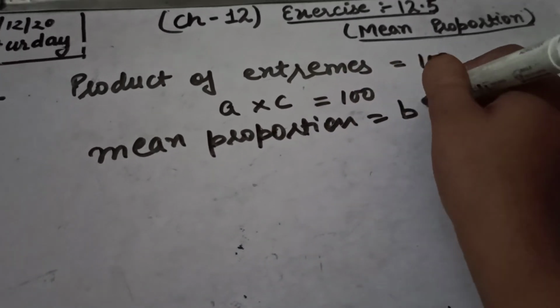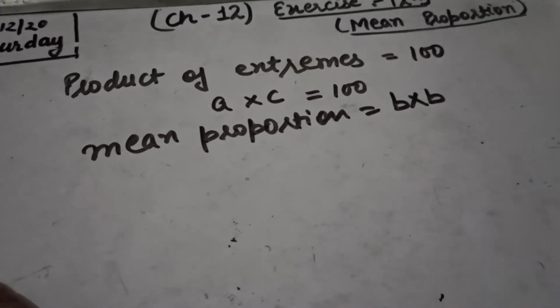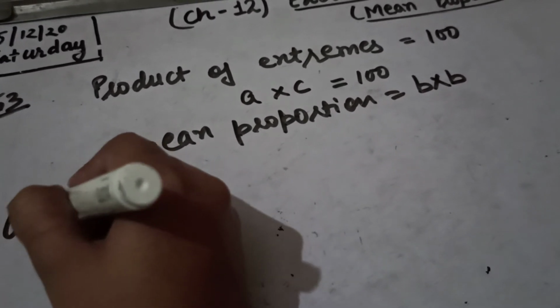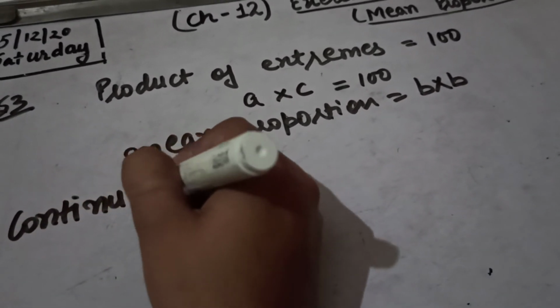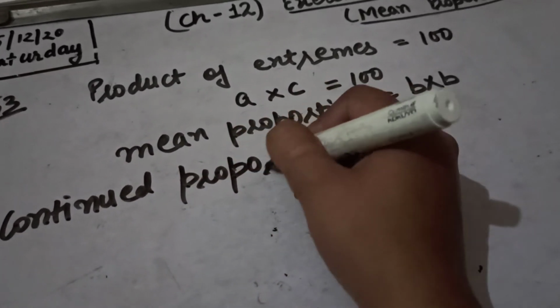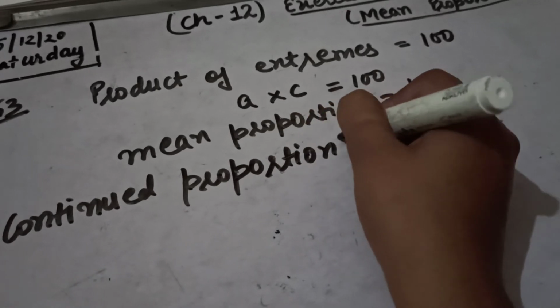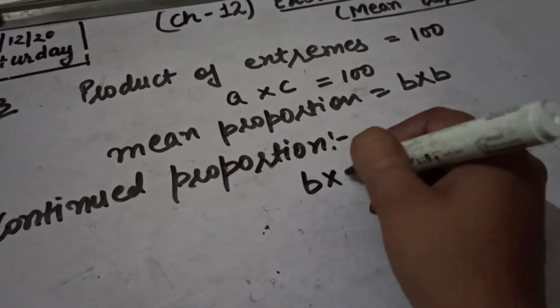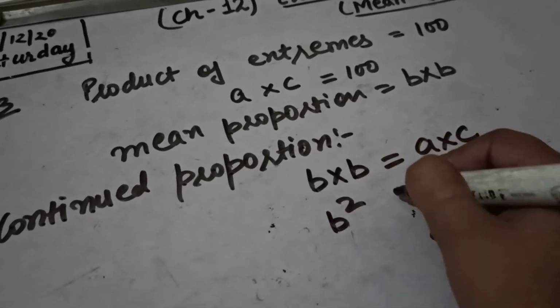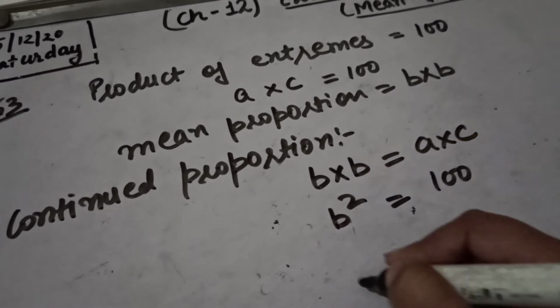B cross B, right? So according to continued proportion, B cross B equals A cross C. So here comes B square and this is 100.